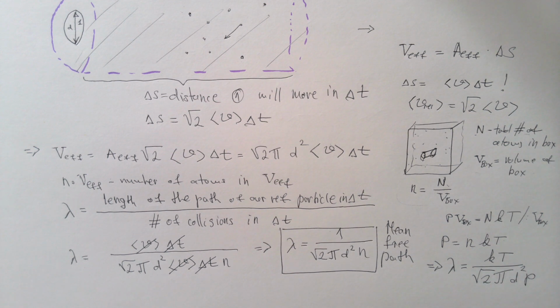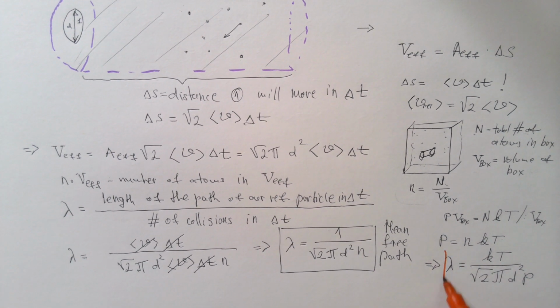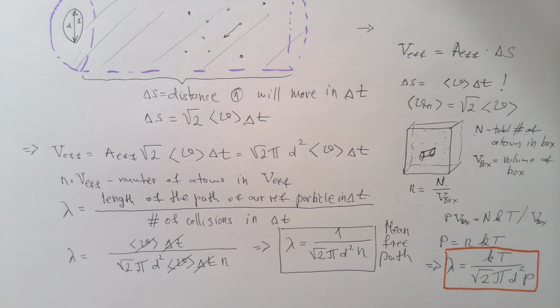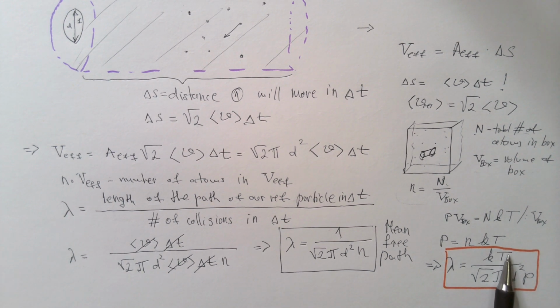And this is an astonishing result, because again we found a characteristic variable of our gas, and that is the mean free path. We can see if temperature is high, then the mean free path is larger. If pressure is large, mean free path is smaller.